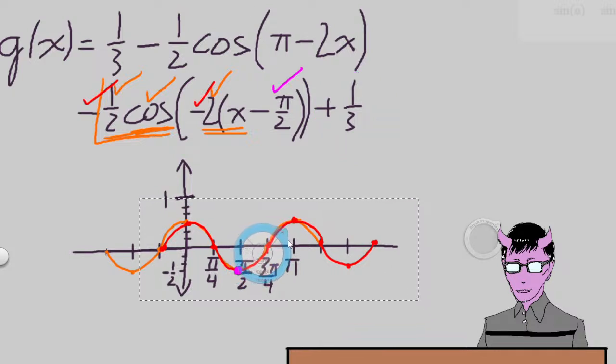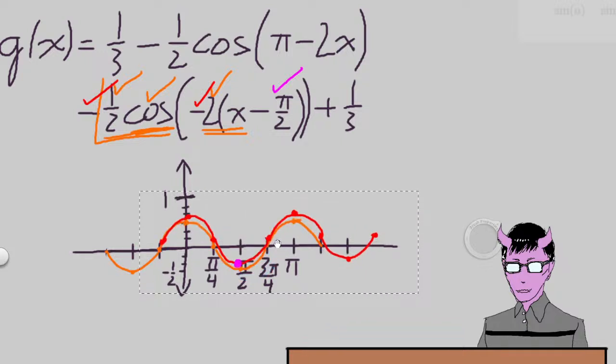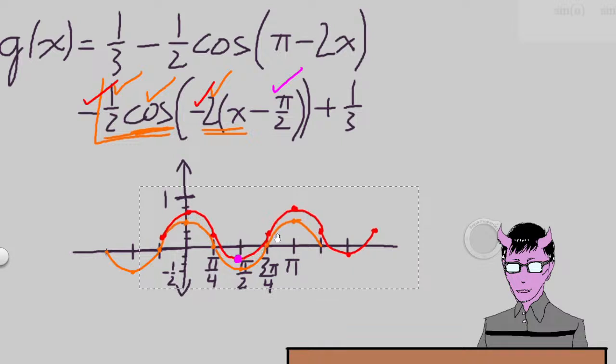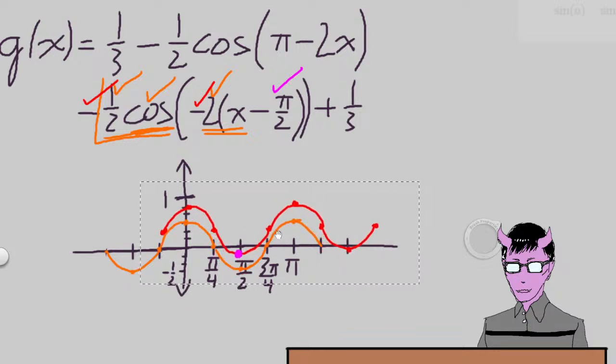So you have 1/3. That's just going to be 2 hash mark spaces upwards because we broke it down into 6 divisions. So 1, 2. Unfortunately, this is hand drawn, so the anchor points are kind of botched up. That's good enough.